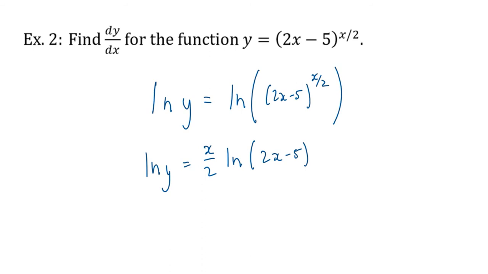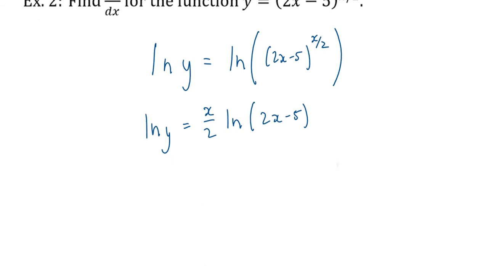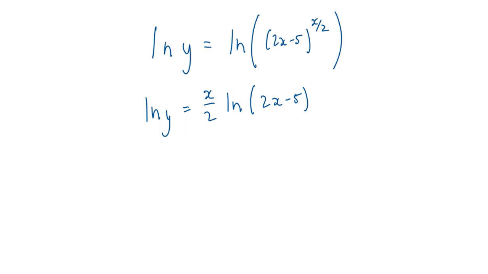Before I move on, I just want to say you could use any base you want. We choose base e because it's the easiest one to work with. Okay, so this is product rule on the right, and we also have to do implicit differentiation with the ln y on the left. So the left side is 1 over y times dy by dx, that's the part that people will forget, equals, so this is 1/2 x, so the derivative of that is just a half.